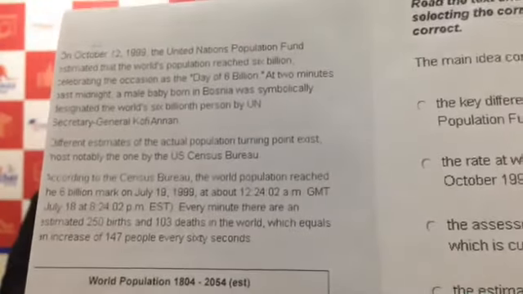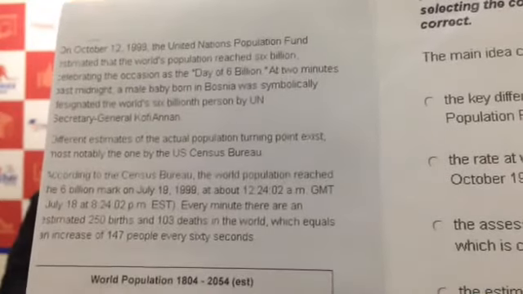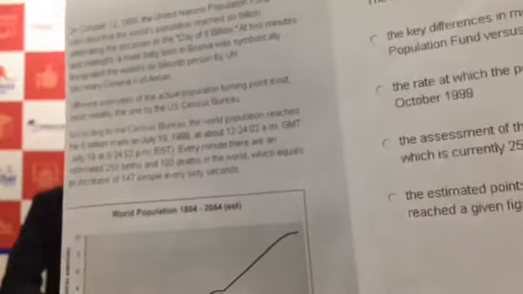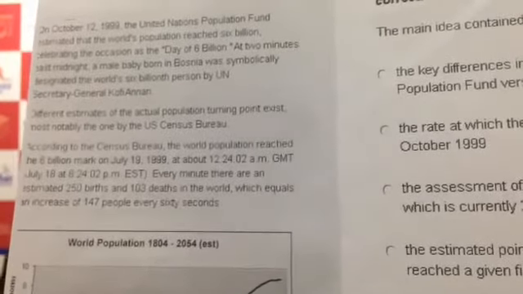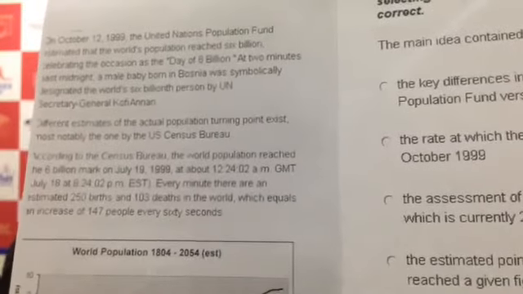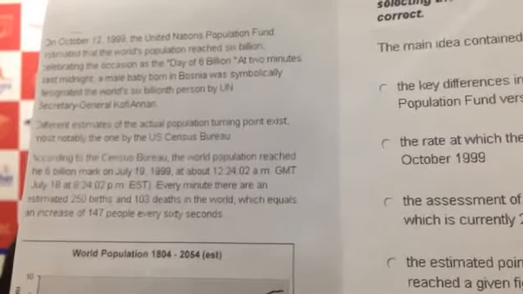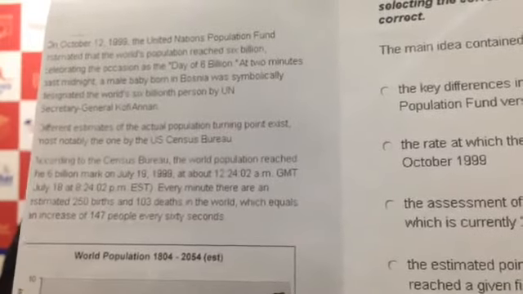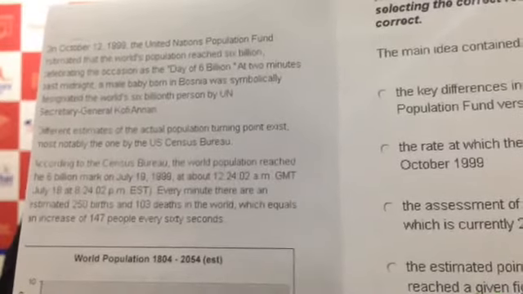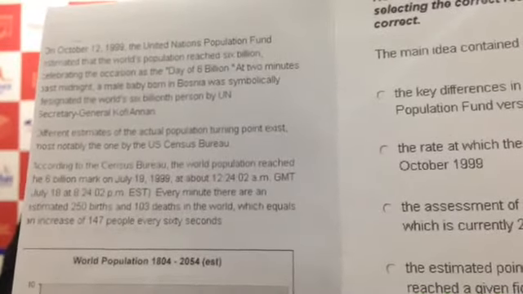According to the Census Bureau, the world population reached the 6 billion mark on July 19, 1999 at about 12:24:02 a.m. GMT, July 18th at 8:24:02 p.m. EST. Every minute there are an estimated 250 births and 103 deaths in the world, which equals an increase of 147 people every 60 seconds.